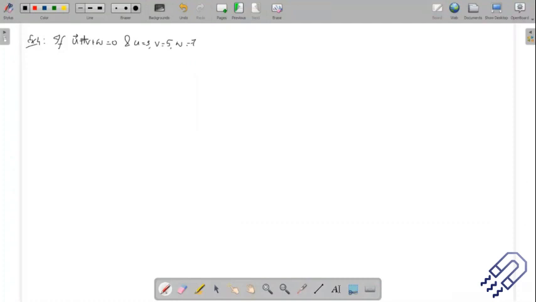These are the values, only the magnitudes. And prove that the angle between u and v is nothing but pi by 3.